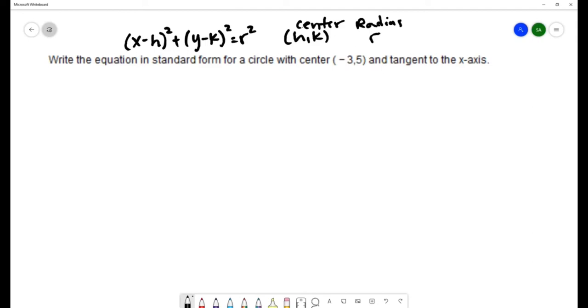We are given the center to be -3, 5, so we know the values of h and k. The only other value we need is the radius, and hopefully the information about being tangent to the x-axis will tell us what that radius is.